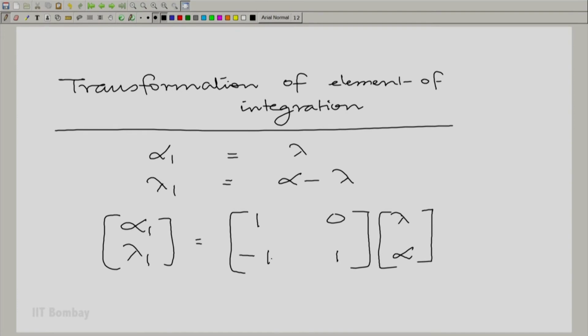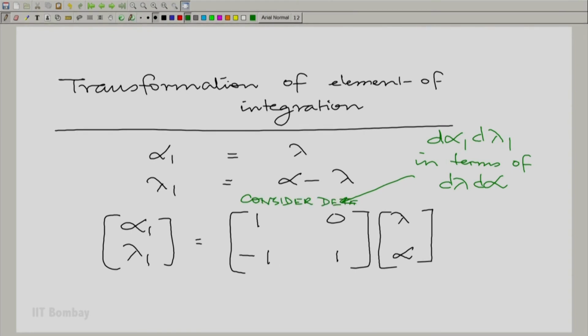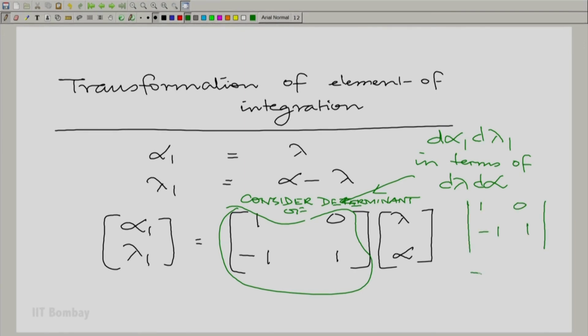Now, when we want to transform the element of integration d alpha 1 d lambda 1 and express it in terms of d lambda d alpha, what we need to do is to consider the determinant of this matrix. Now, that determinant is very easy. That determinant is in fact equal to 1 in magnitude. That is what we are interested in.